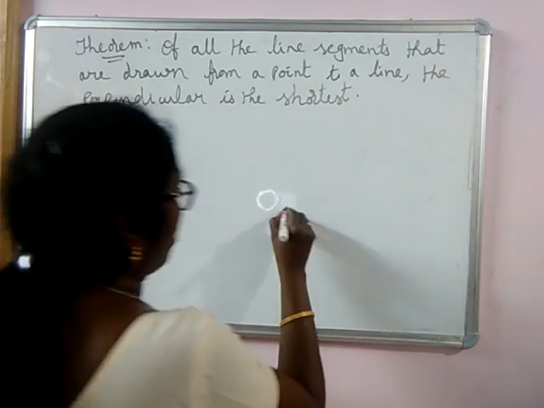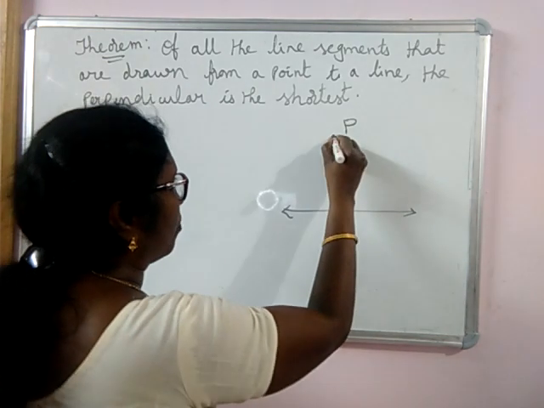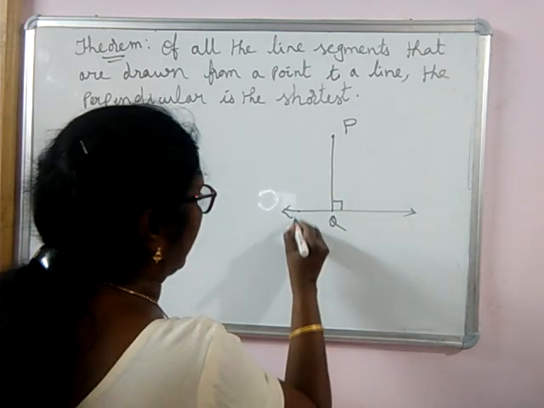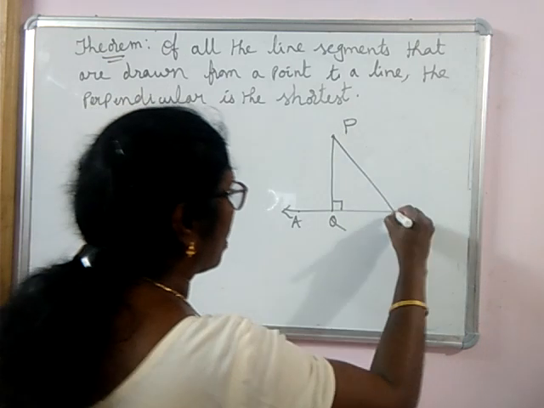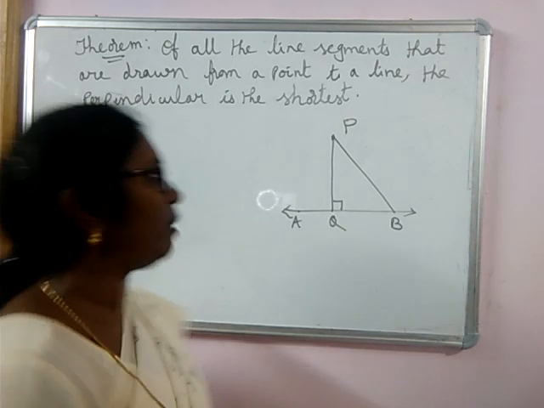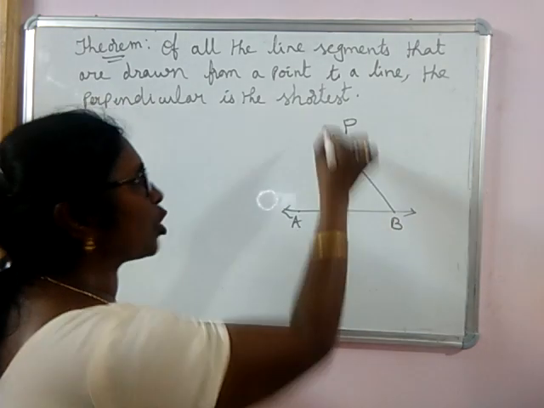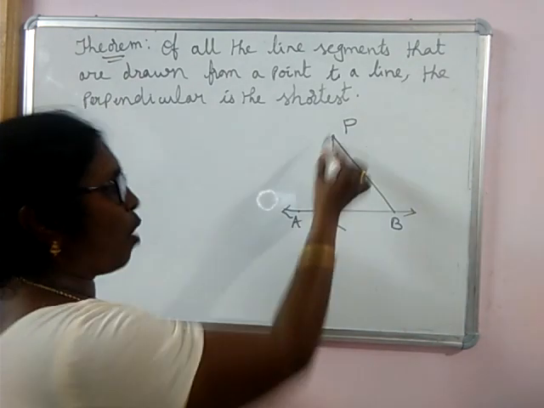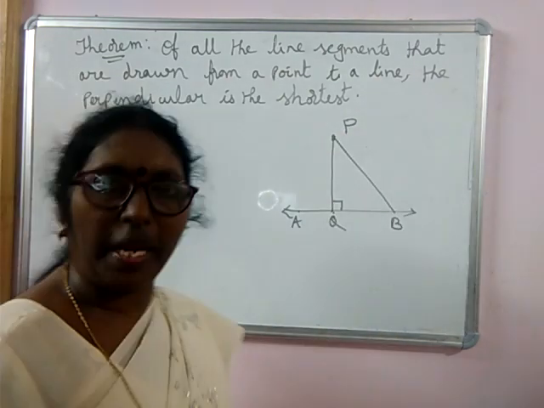Suppose this is a line. This is point P. I have drawn PQ perpendicular to this line. Let me name it A, B. A perpendicular PQ is drawn to this line AB, and you have to show that the perpendicular is shorter than any other line segment drawn from the point to this line. That means PQ is smaller than PB.